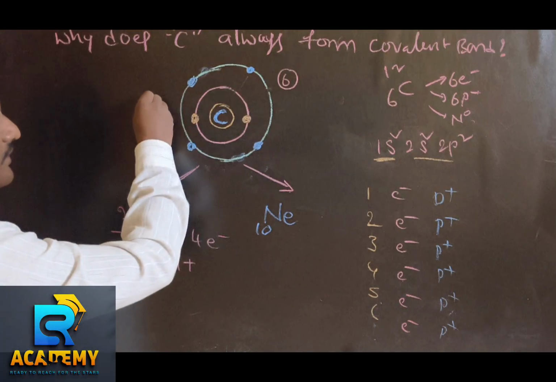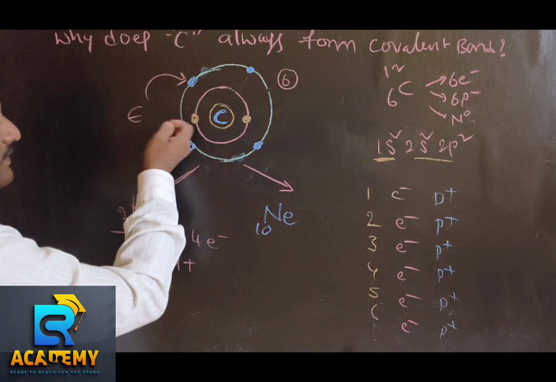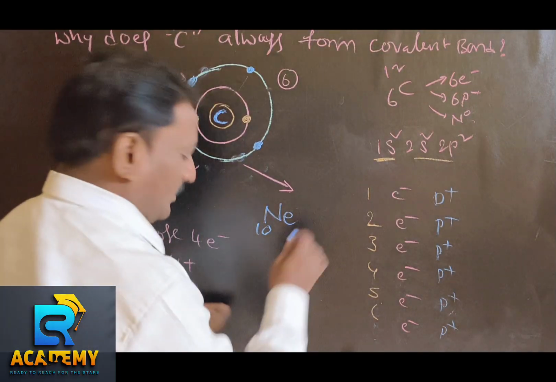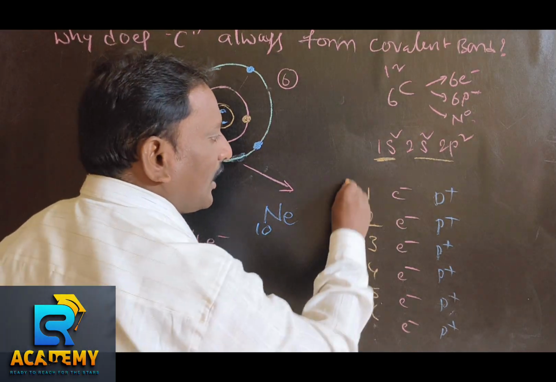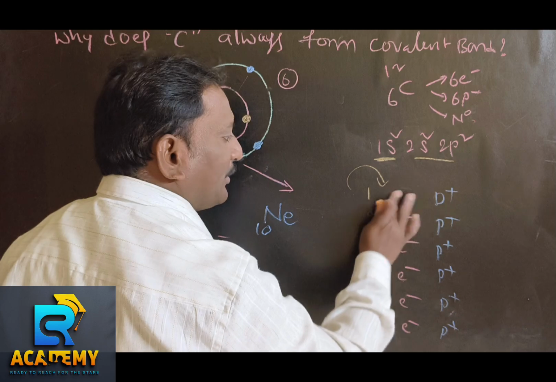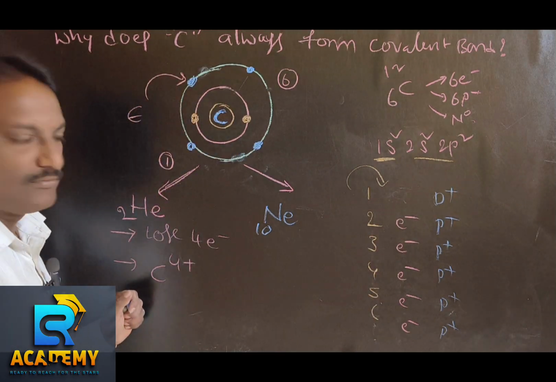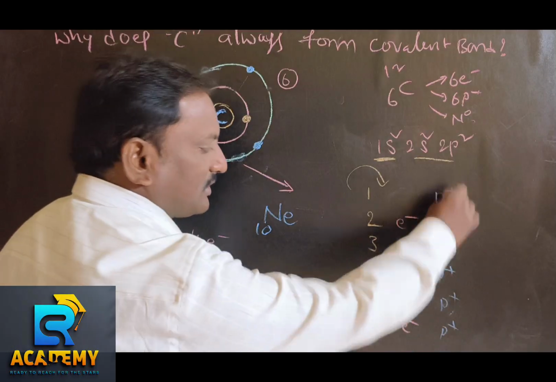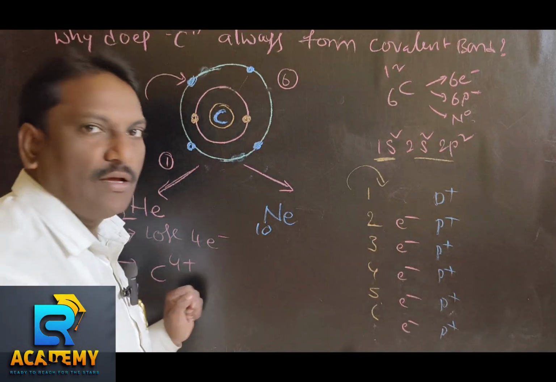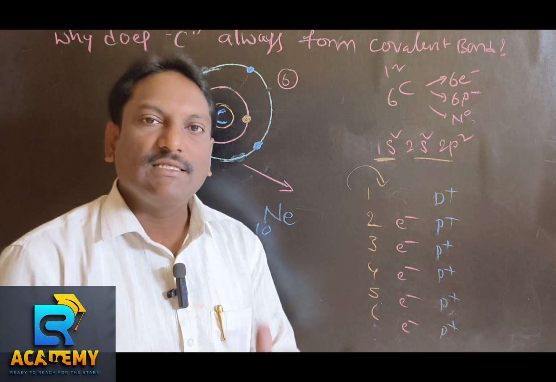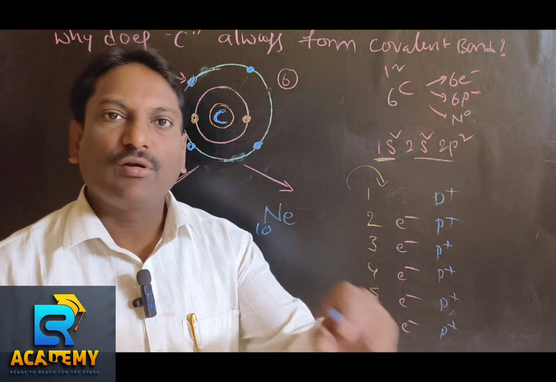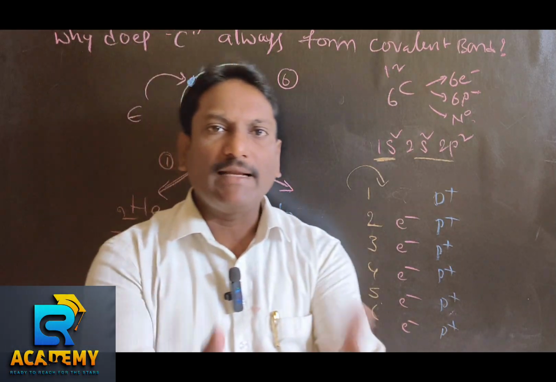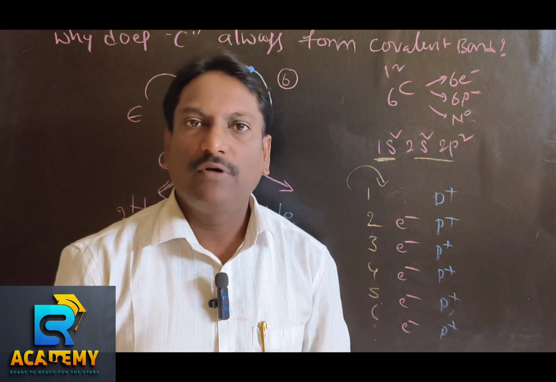Let us assume I am giving energy from outside to remove this electron. Listen carefully. I provide energy and remove this electron. What will happen? Here there are 6 protons and 5 electrons.